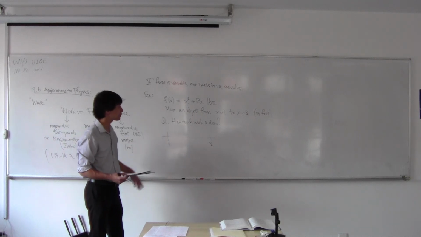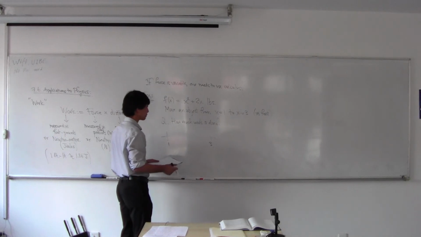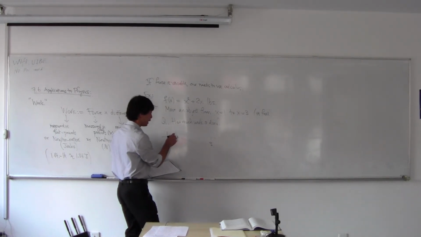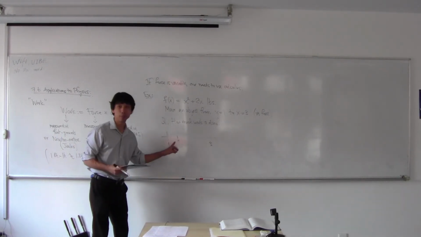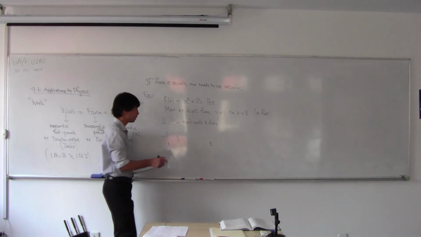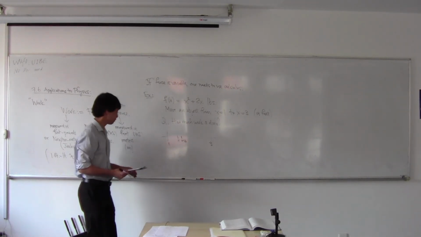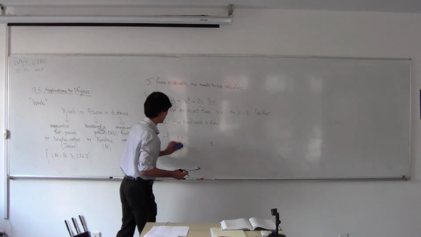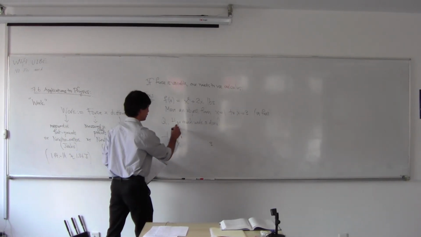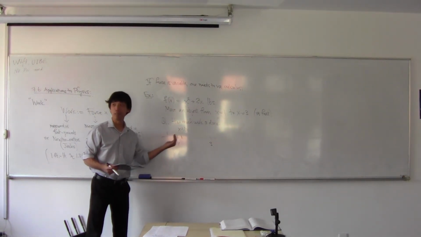And you're wondering how much work is done. Okay. So the way you do it is you say, well, suppose I'm here at x, and I'm going to move a tiny bit dx. I'm going to move from x to x plus delta x. Moving a small distance there.